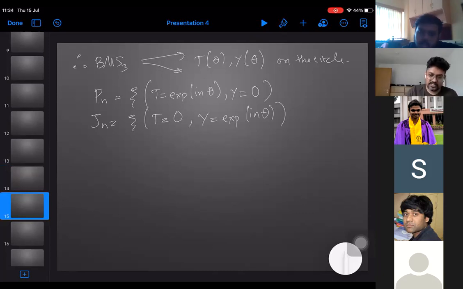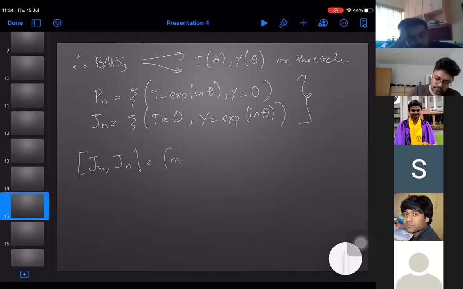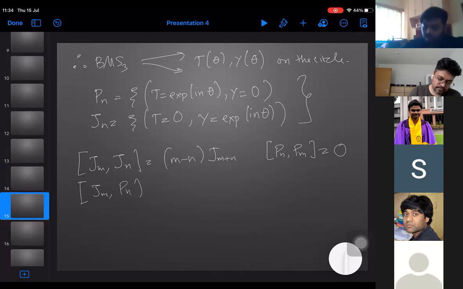So in terms of these generators which you have, the relations of the BMS then become, with P_{m+n}.